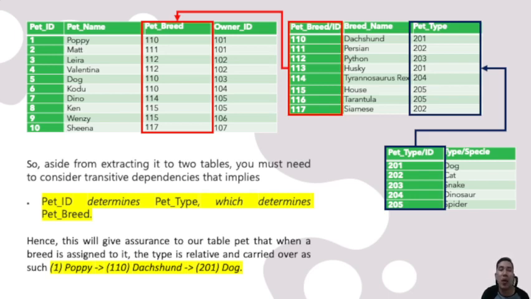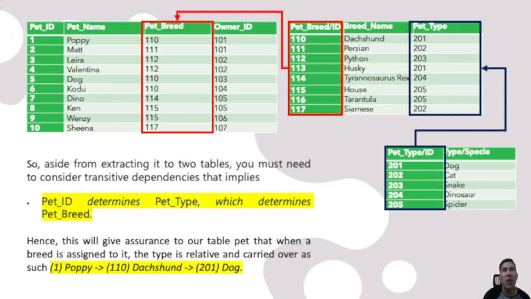A Persian is assigned to 202 in pet type, which is a cat. And then Lyra and Valentina are both assigned to a Python breed name, which is 203, a snake. So that is the essence of what we call transitive dependency.